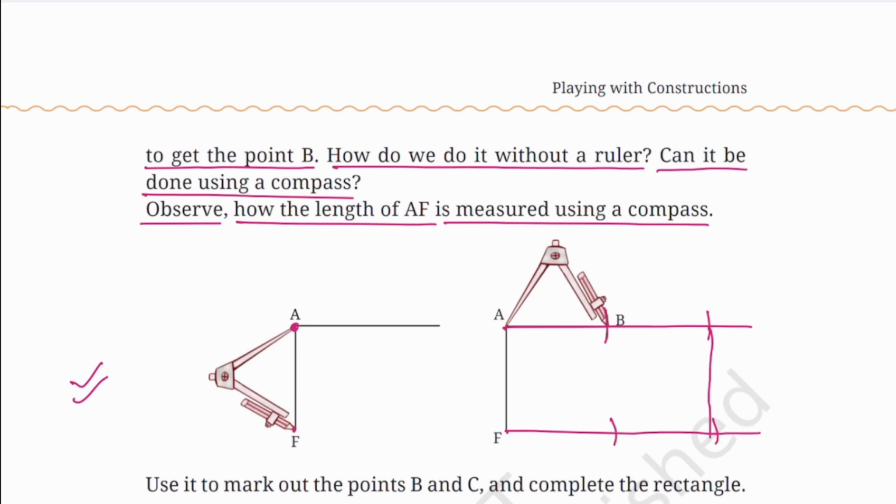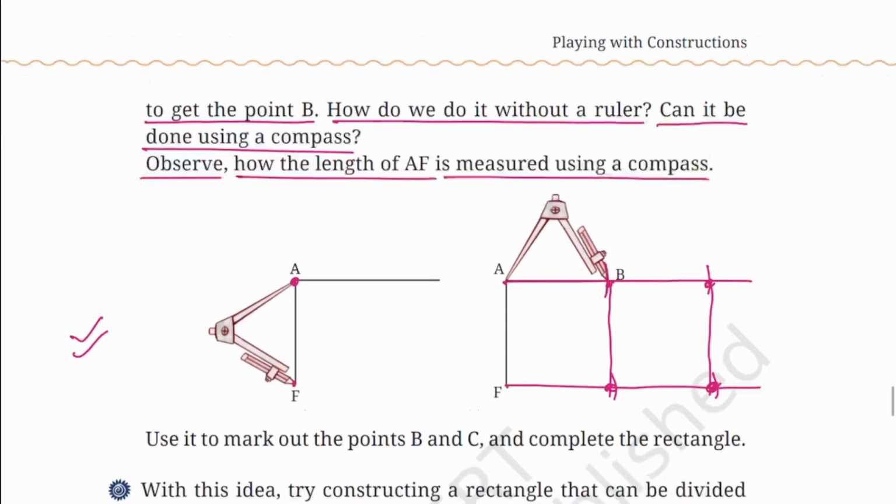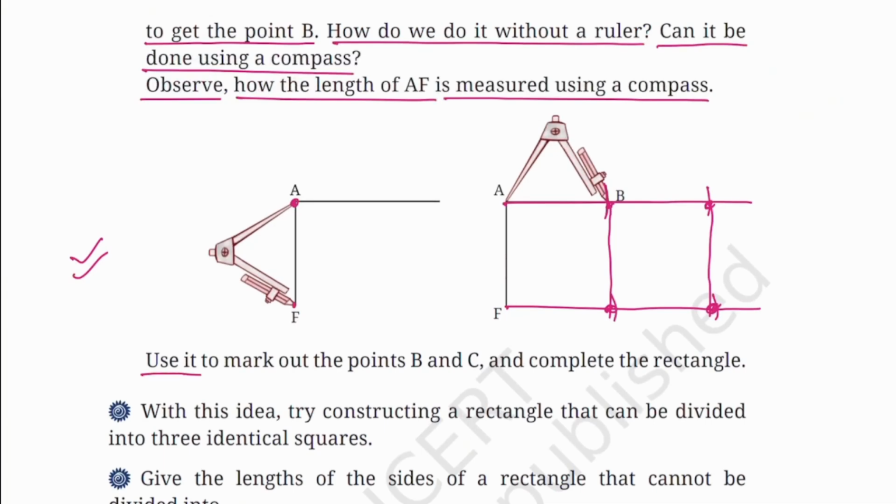Then you can join these points where the arc cuts the perpendicular like this. Your figure is ready. Use it to mark out the points B and C and complete the rectangle.